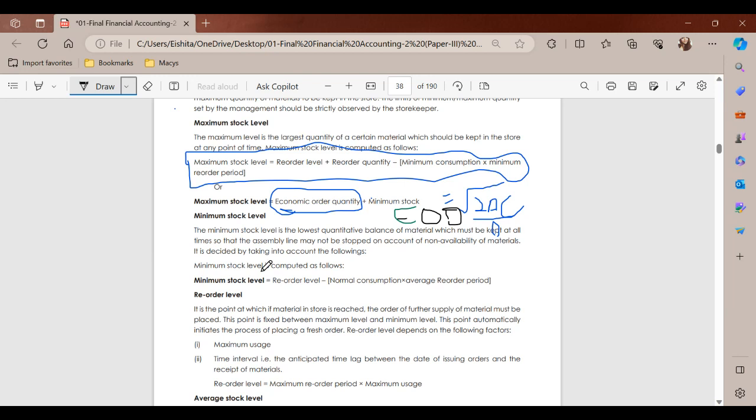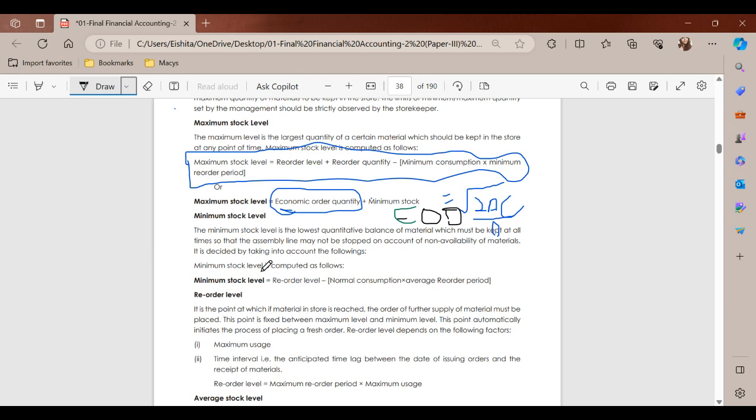So first point is maximum stock. Second is what is called as the minimum stock. The minimum stock is the lowest quantitative balance of material which must be kept at all times so that the assembly line may not be stopped on account of non-availability of material.